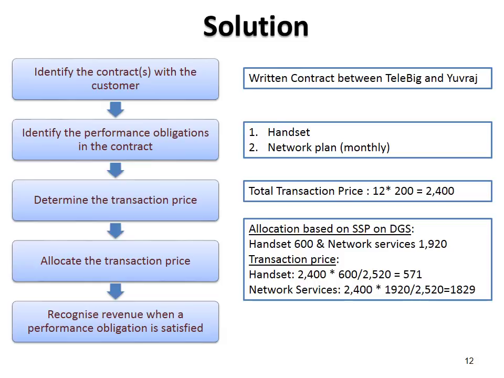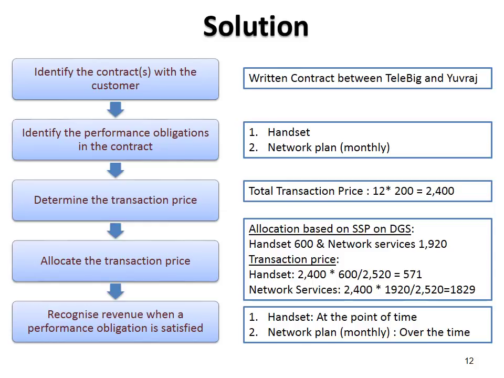And last is recognize revenue when a performance obligation is satisfied. Now under Ind AS 115 there are two approaches: you have to recognize revenue at a point in time or over a period of time. The handset has been delivered, so the performance obligation is satisfied at a point in time, and network services are provided every month, every day, so it is satisfied over the period.